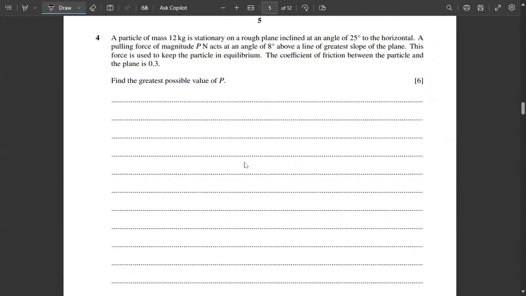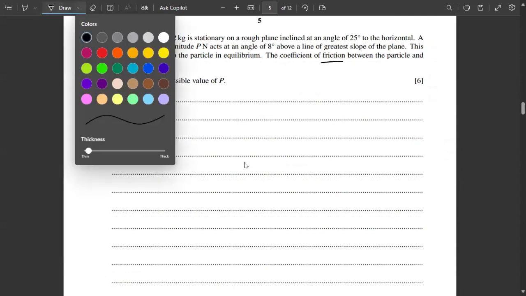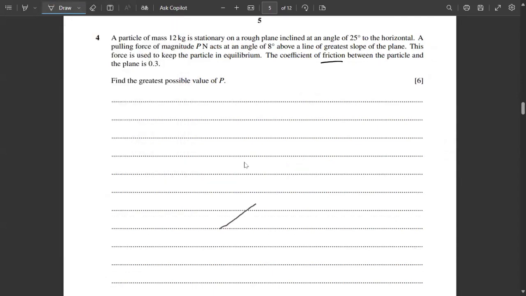Oof, a particle, again a question about friction. A particle of mass 12 kg is on a rough stationary plane inclined at an angle of 25 degree. Let's start drawing. 25 degree, 90 degree.